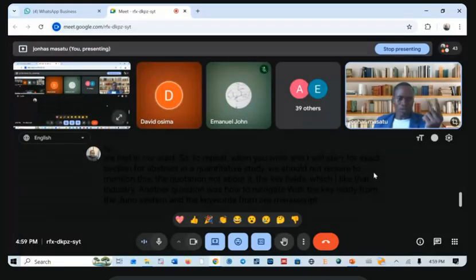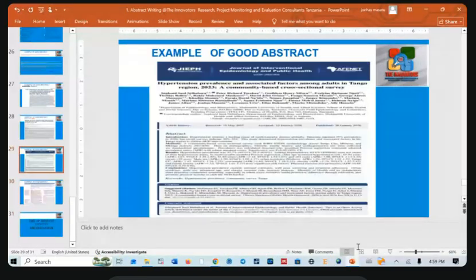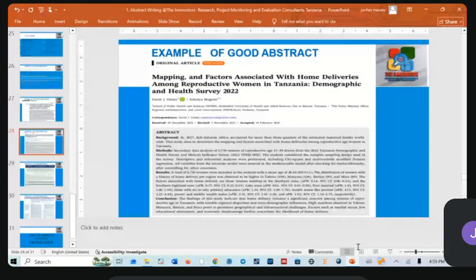These are two things which are different, but sometimes similar. Take as an example this paper published by Dr. Osima: mapping the factors associated with home delivery among reproductive women in Tanzania, a demographic and health survey of 2022.